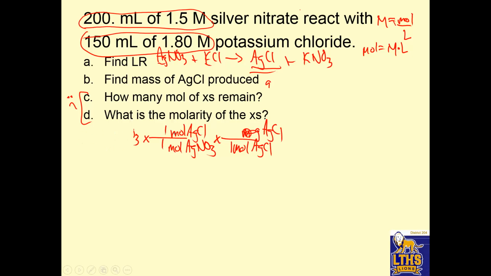Now this was 1 over 1 because my coefficients are 1 all the way through. Silver, go to the periodic table, is 107.87 plus chloride, 35.45, is 143.32. So then I have 0.3 times 143.32.